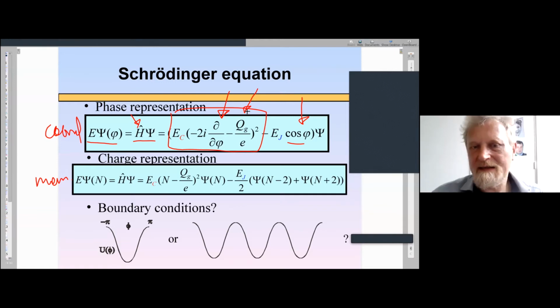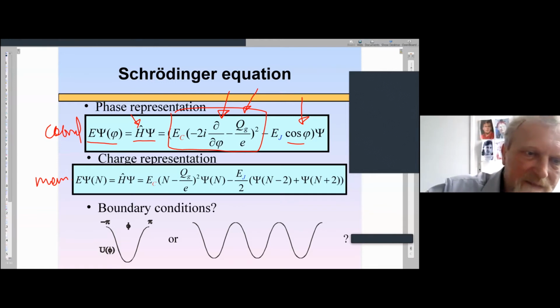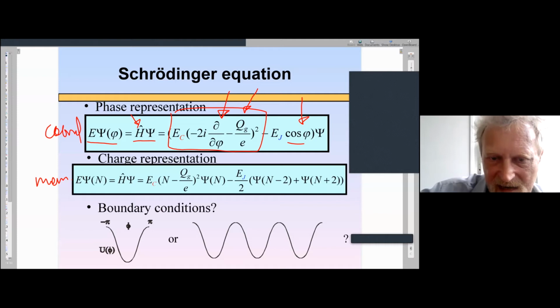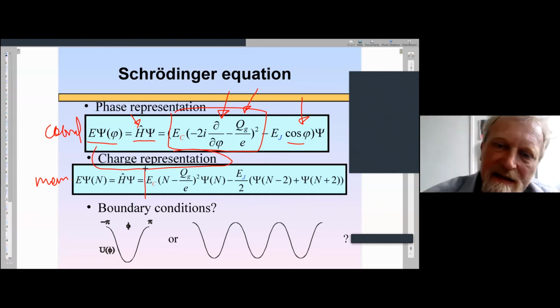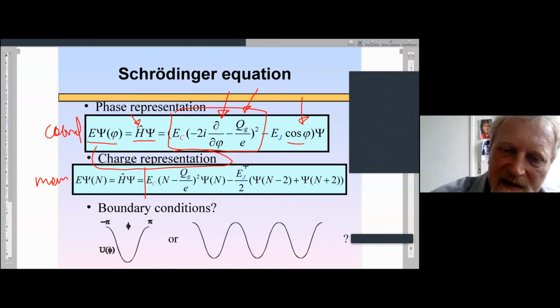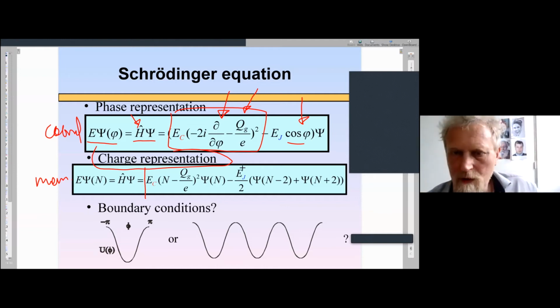I can rewrite it in charge representation. In this case, the charge energy is a diagonal operator in charge space. And the Josephson energy works like we just have seen.